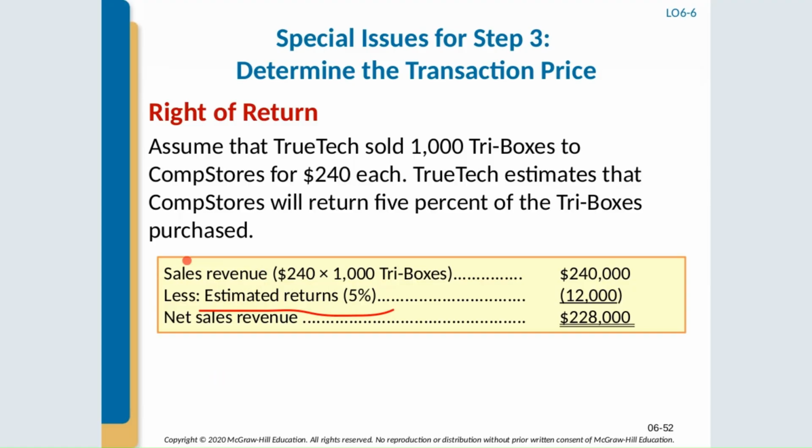In the same way, every time that we sell an item, we have to estimate how much will be returned, and they will use prior experience to come up with that estimate. So when you're looking at the income statement of especially a merchandising company, you'll see that they have sales returns and allowances. So that's part of that.